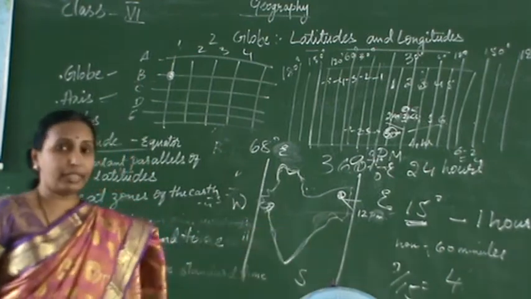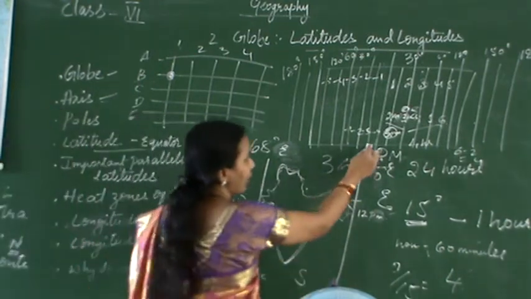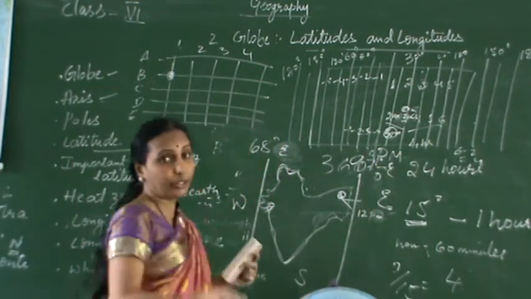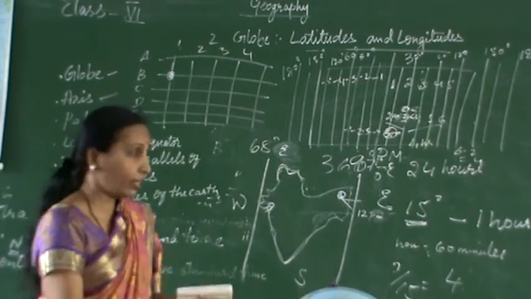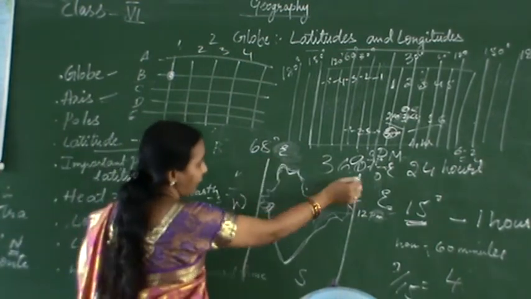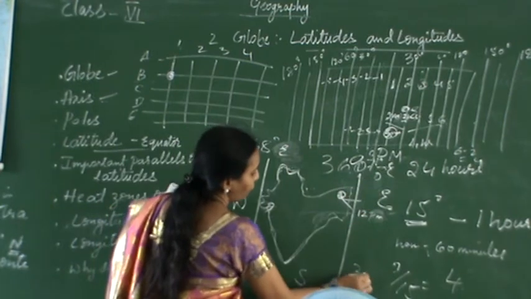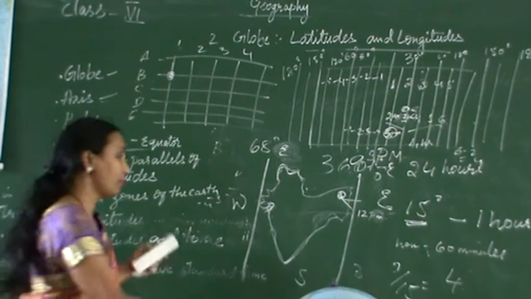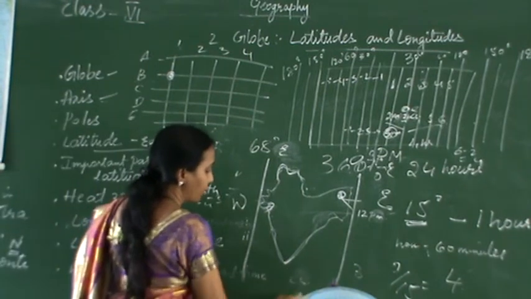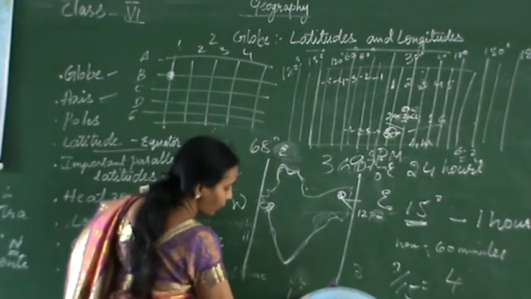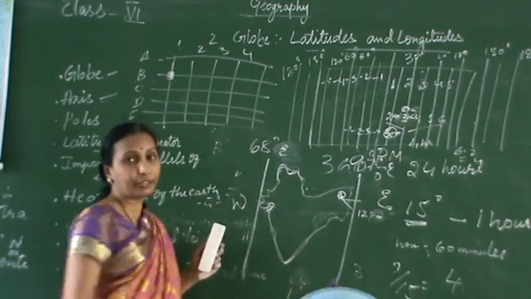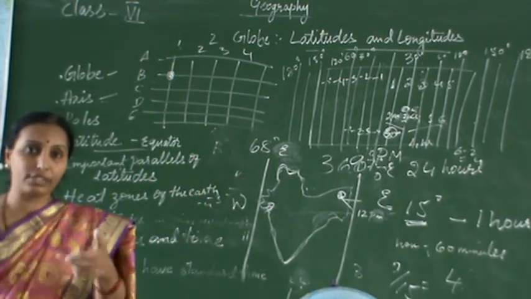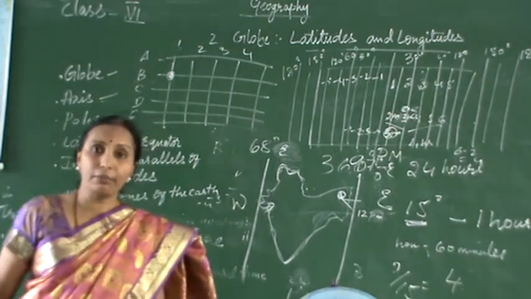We have discussed that every 15 degrees of longitude is 1 hour of change. So from here to here there will be approximately 2 longitudes, 30 degrees means 2 times 15. Some say a difference of 2 hours, but it is exactly 1 hour 45 minutes.